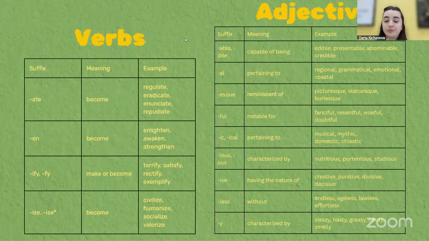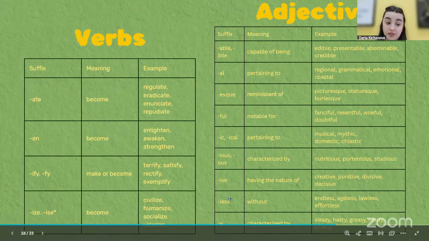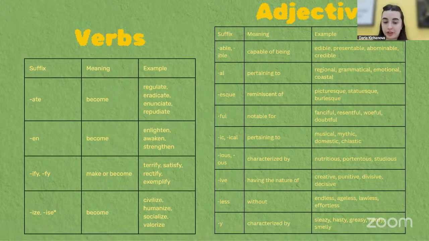So, as we had with prefixes over and under, the same we have with our adjective. If we have a lack of something, or if we don't have it at all, we use less. But if we have it, like we have a lot of this, not excess, but a lot of it, we can use, for example, ful. But here is the same.